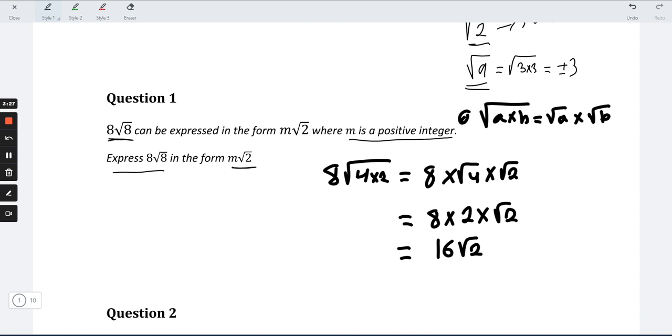Here they mentioned m is a positive number, so for the square root of 4 we cannot choose minus 2. By this way we simplified it, and we rewrite 8 times square root 8 in the form m times square root 2. So m here is equal to 16.